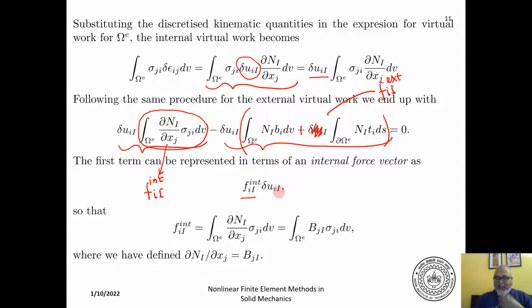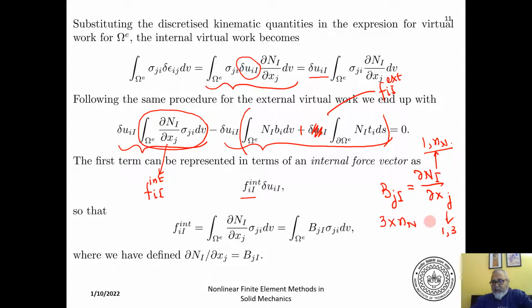Now, del N I del xj, we can give it another name. So we can define B ji, another tensor, as del N capital I del xj. Again, be careful. This goes from 1 to the number of nodes in the element. This goes from 1 to 3. Therefore, this is a 3 cross nn matrix.